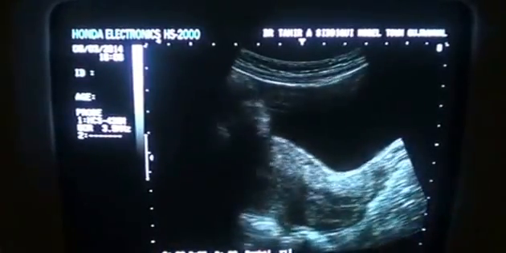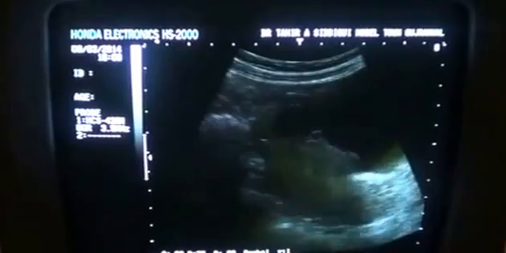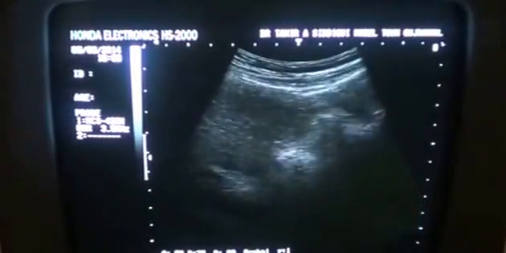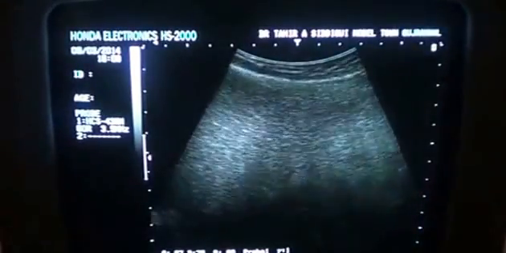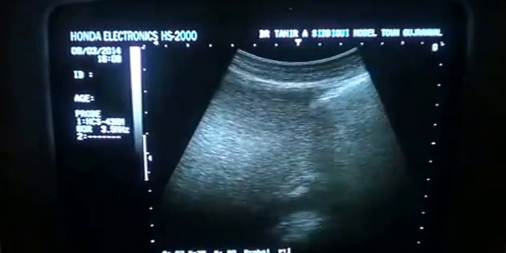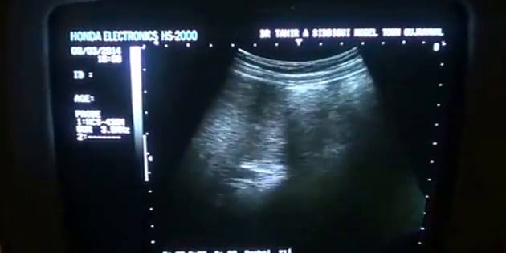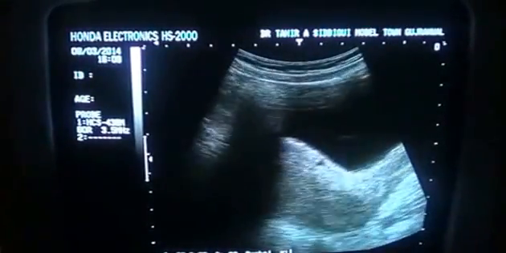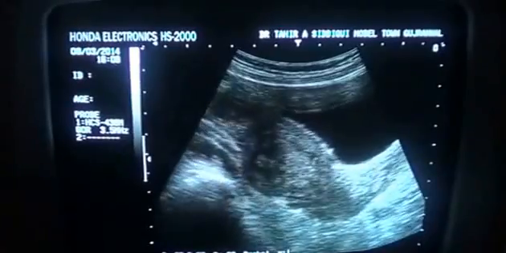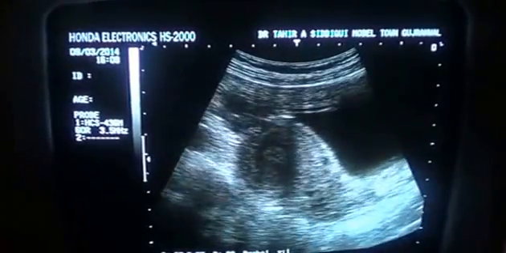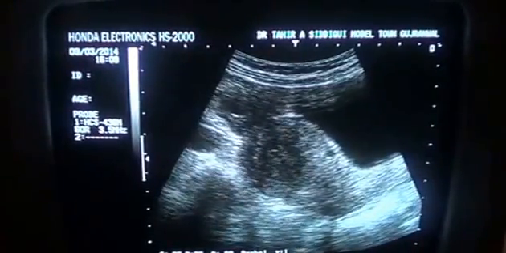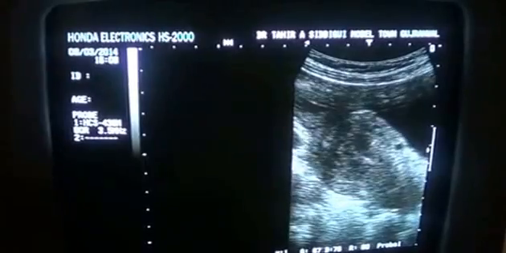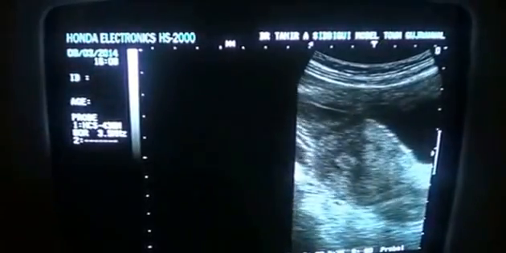So what is this mass then? Now this is the subserosal fundal region fibroid. This extends from the fundus of the uterus. When I scan from this angle, the image of the fundus is not as clear as it should be.